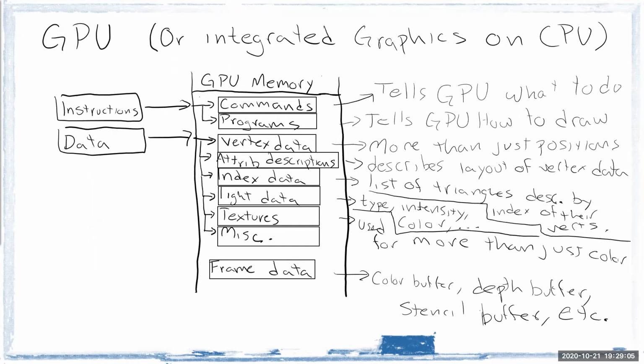So how far away from the camera it is. That's useful information because it allows us to throw out data for certain objects that are occluded by other objects in the scene.